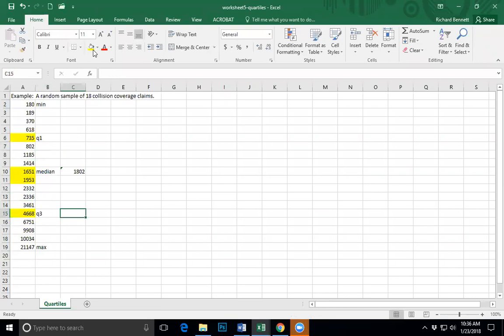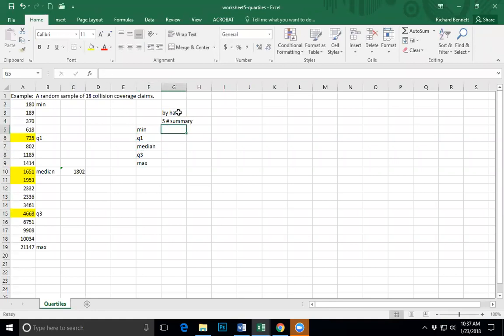All right, now this is if you're doing it by hand. Okay? So your 5-number summary, you should write it in order. Right in order. Okay? So this is by hand, 5-number summary, and I've got minimum, Q1, median, Q3, and maximum.